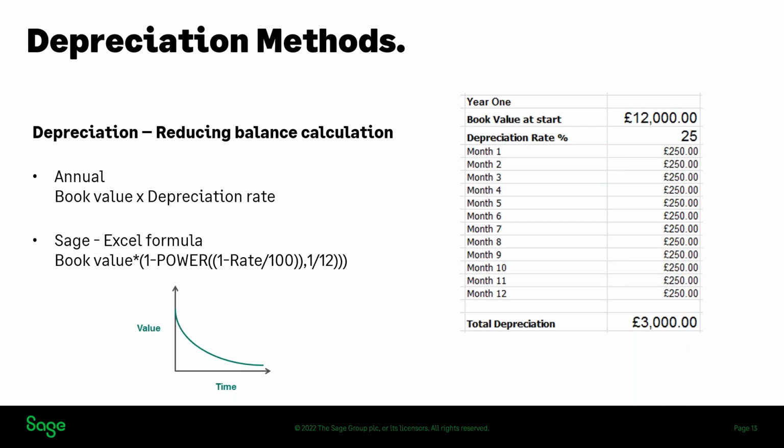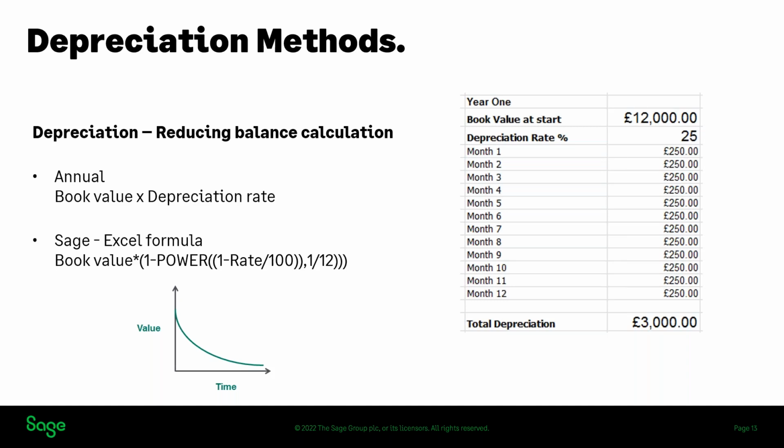The formula for Sage is a bit more complex than that, though. So not only will it calculate year on year reducing balance, it will also do it on a month-by-month basis. So your month 1 depreciation will be a higher value than, say, the depreciation in month 2. Month 2 would be a slightly higher value than month 3.